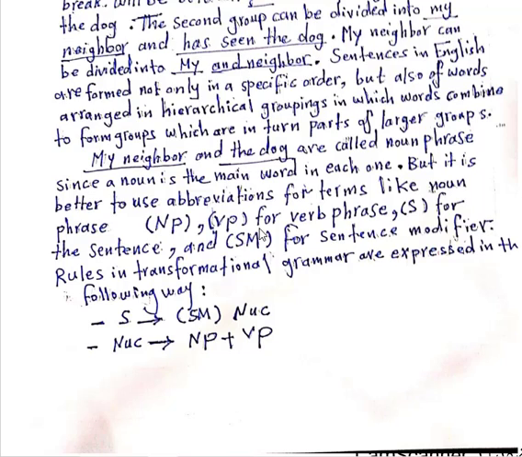What does the word modifier mean? A modifier is a word or a phrase or a clause that modifies, that gives information about another word in the same sentence, like in our sentence.